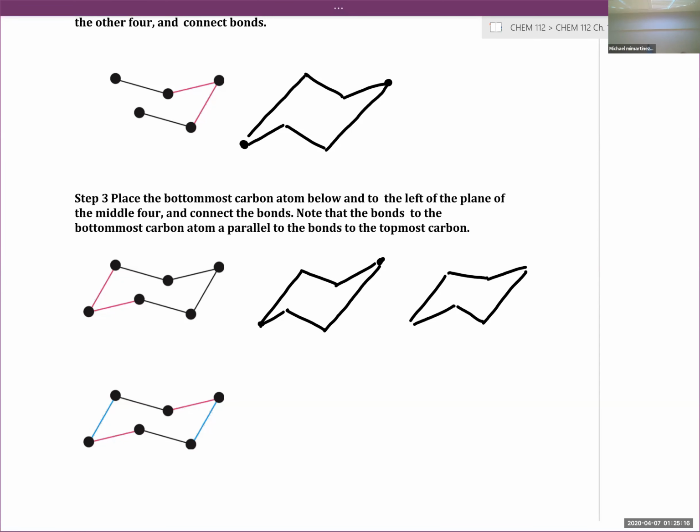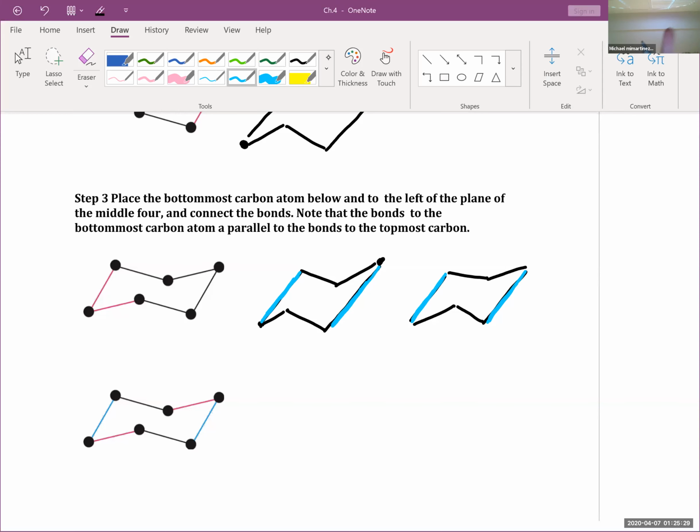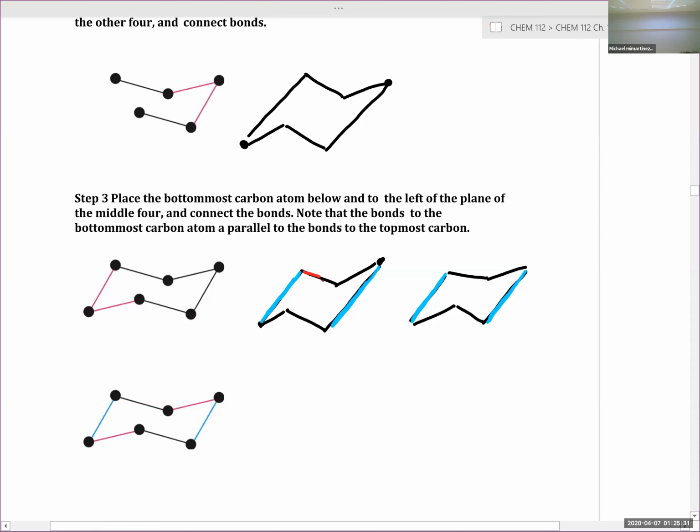Now, there are a few really important things to keep in mind here. These two vertical lines are going to be completely parallel. Additionally, our horizontal lines are also going to be completely parallel.